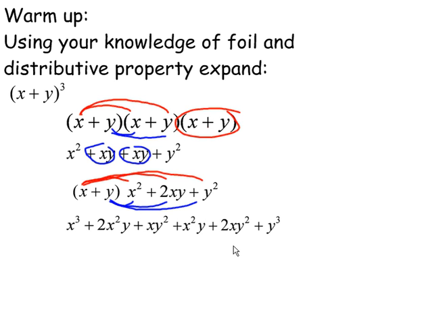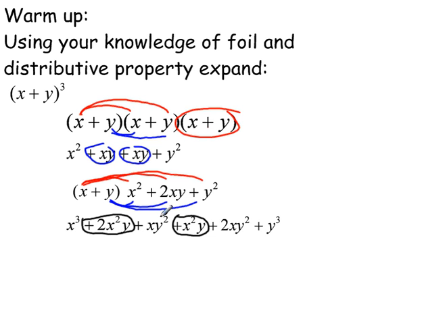Now we combine the like terms. So we have like terms here and here. 2x squared y plus x squared y gives us 3x squared y.